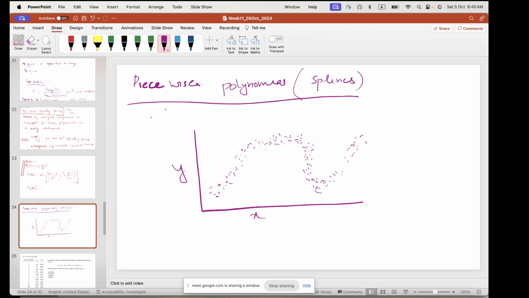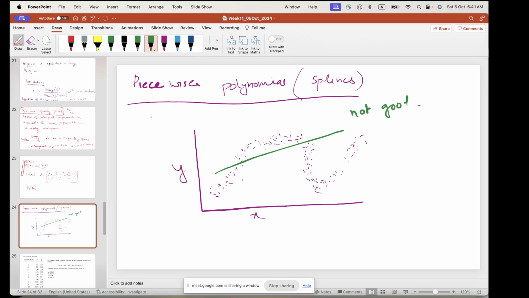If we look at this graph, there could be many ways of fitting. The most simple is a linear fit. This is actually a linear fit, and as we can see, it is not good.